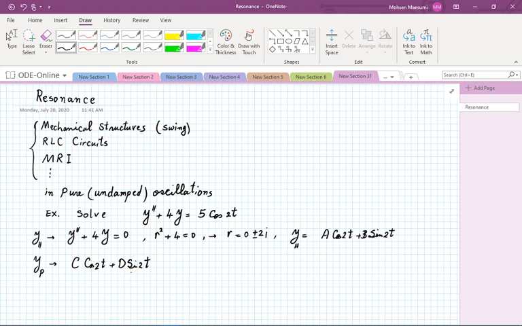Well, when we look at this for a second, we realize this is not going to work, and our existing method is going to break down for an obvious reason. If I take this and plug it in my equation, I'm going to get 0, not any multiple of cosine. This is not going to be a good starting point for the particular solution. This falls out.